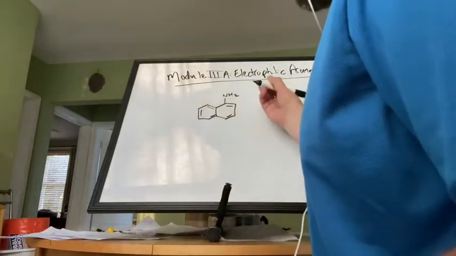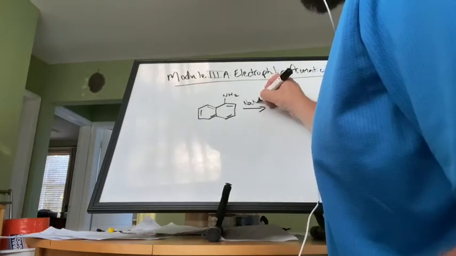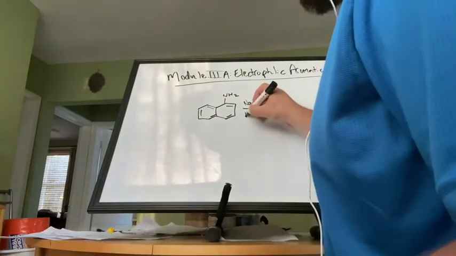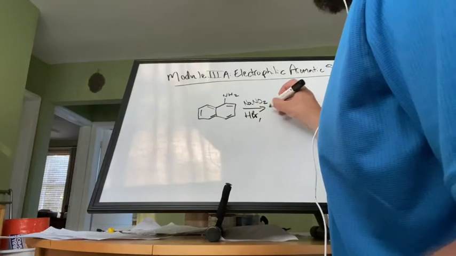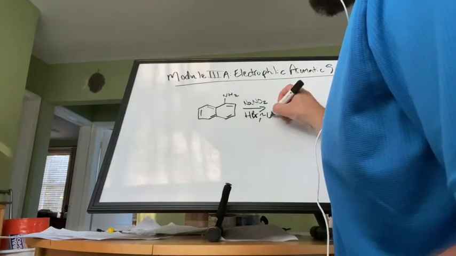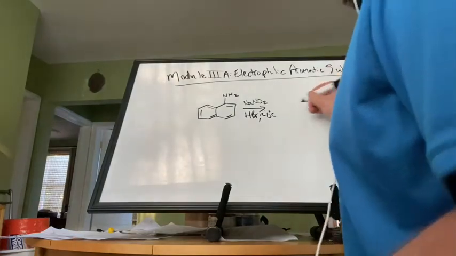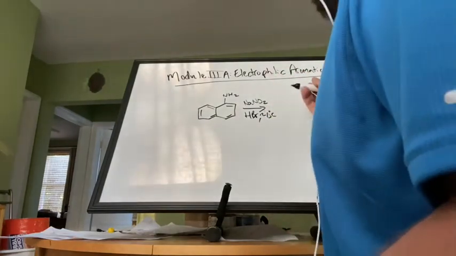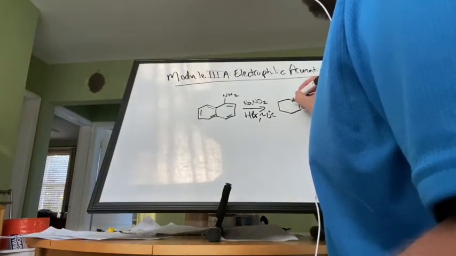Treat this with NaNO2 and strong acid, so HBr, and around 0 degrees C. It's really important that you keep this at 0 degrees C, or else it'll decompose pretty easily. And I'll show you why in a second.